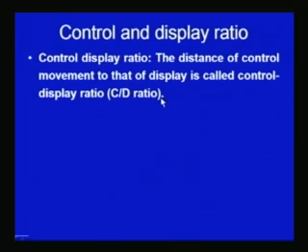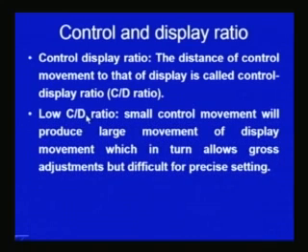A low control and display ratio means a small control movement will produce a large movement of the display, which in turn allows gross adjustment, but it becomes difficult to achieve precise setting using a control and display device which offers a low C by D ratio.